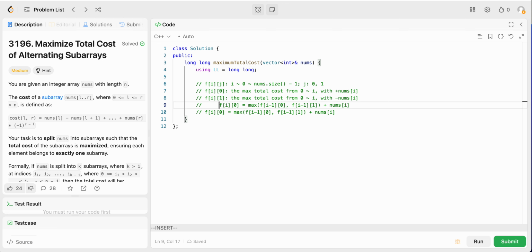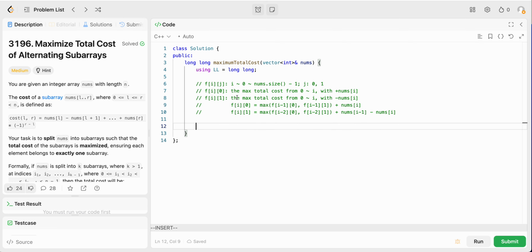This is the first state conversion. How about the second one? For f[i][1], this will be maximized from i minus 2. For i minus 2, it can be 0 or 1, it doesn't matter. However, for i minus 1, it should be positive, so that nums i is negative.